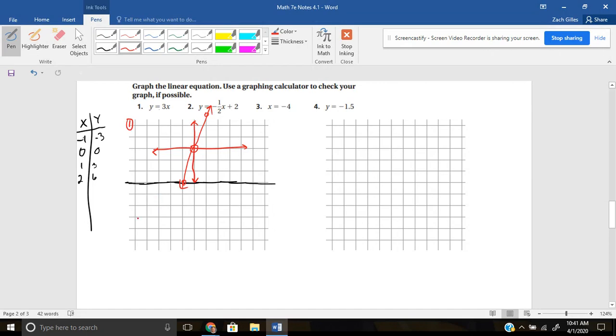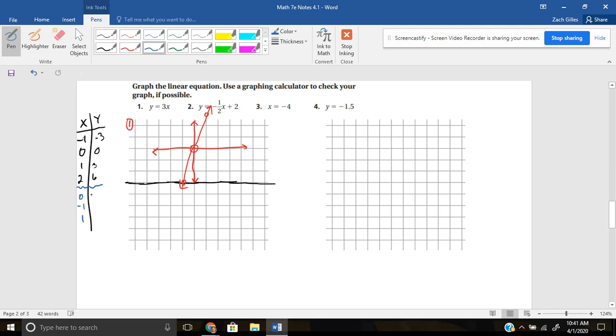Okay. Number 2 was -1/2 x plus 2. All right, I'm going to continue with my t-chart here. And I'll just do 0, -1, and 1. -1/2 times 0 is 0.